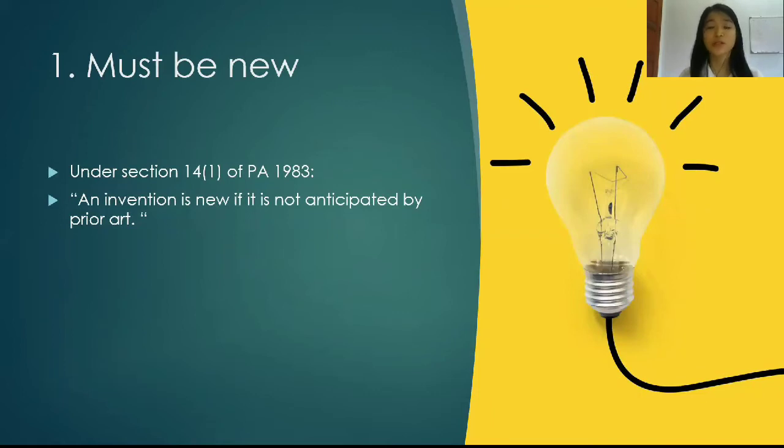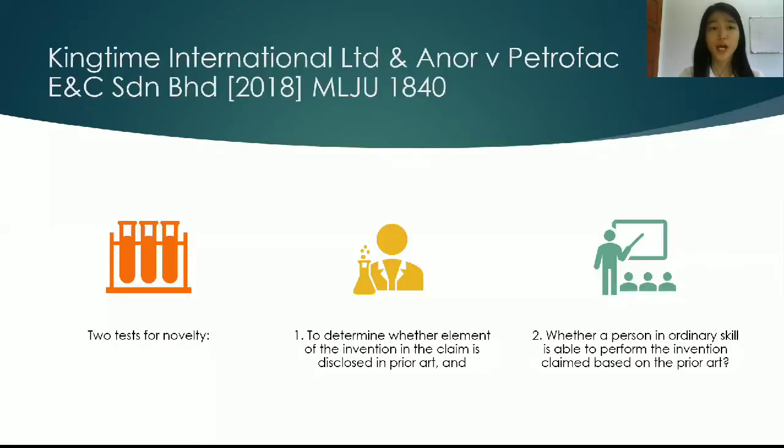This is clearly stated under Section 14 of the Patents Act: an invention is new if it is not anticipated by prior art. In the case of King Time International Limited and other versus PROF E and C Sendirian Berhad, a quite new case in 2018, there are two tests for novelty.